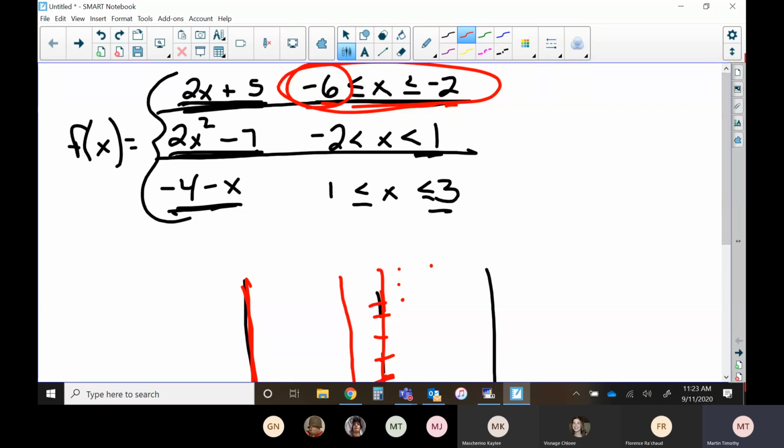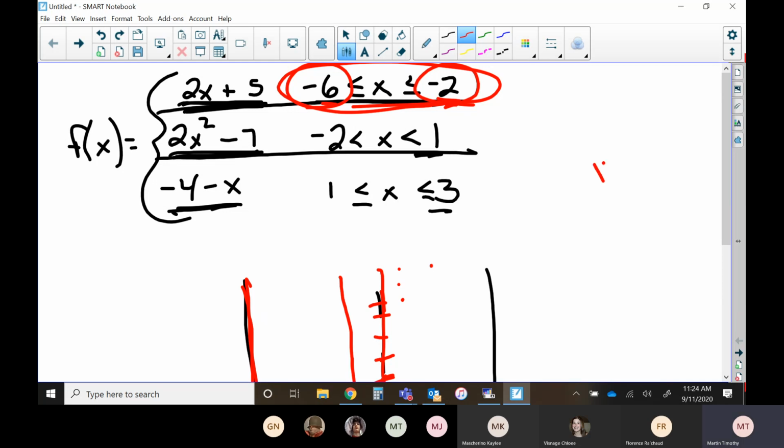Well, right here, what did I tell you this was? Where the graph starts, and this is where the graph ends. Isn't that my input of where it starts? And isn't this my output of where it starts?